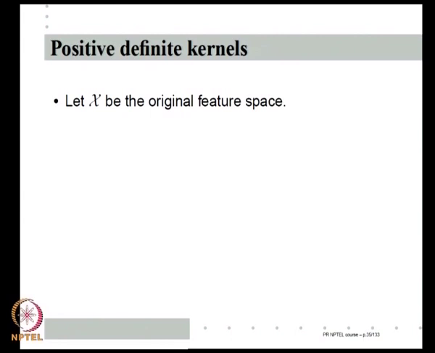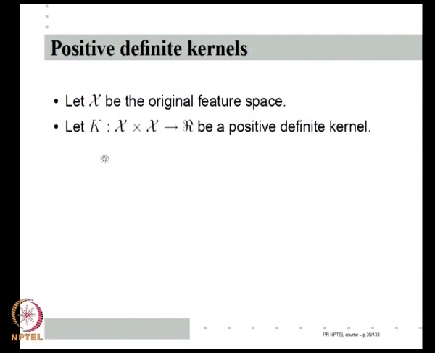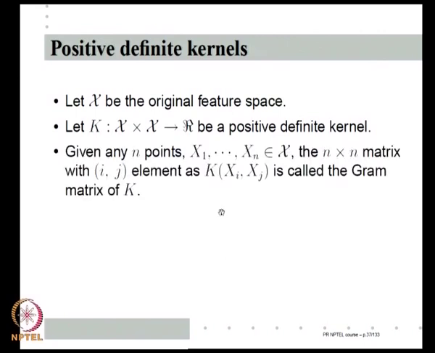Okay. So, let us start looking at positive definite kernels. As earlier, let x be the original feature space, the script x, and k is a positive definite kernel, that is k is a symmetric real valued function on x cross x, which satisfies some conditions.